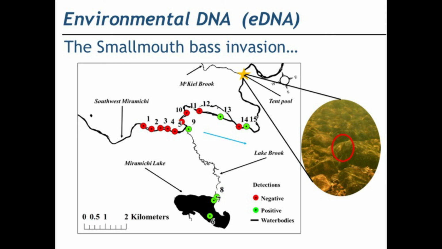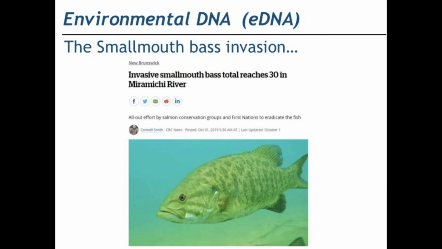And of course, since then, more observations have been reported, and this was published recently, reporting that now over 30 observations have been made within the Miramichi. But the eDNA analysis allowed a very early detection, probably before the fish was more present than that in the system.